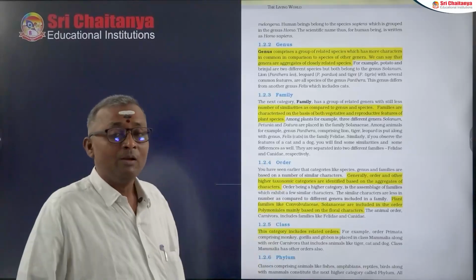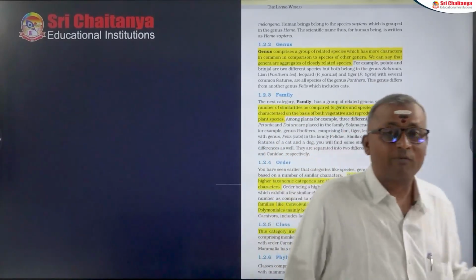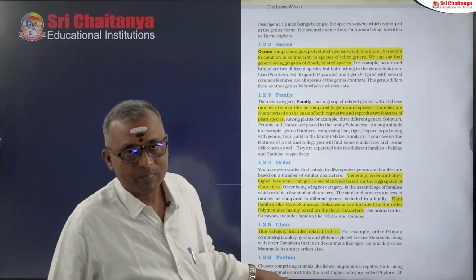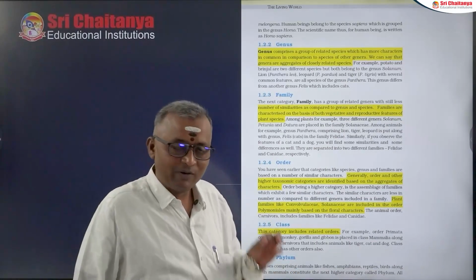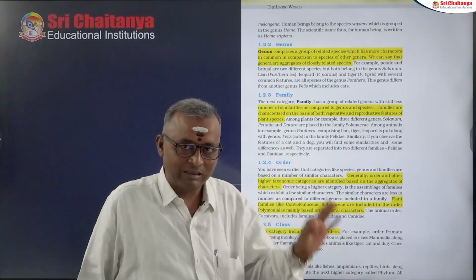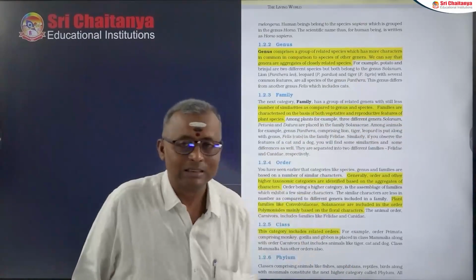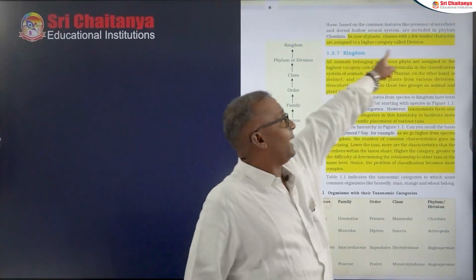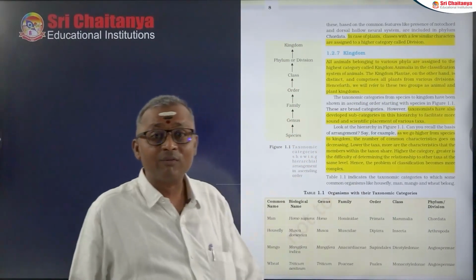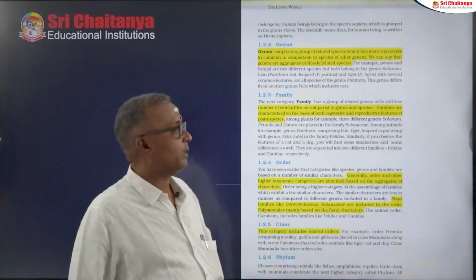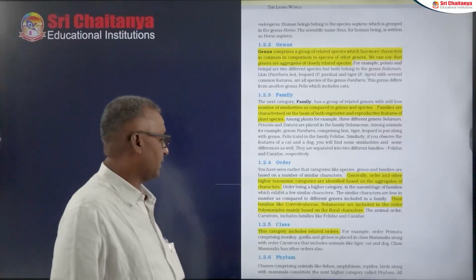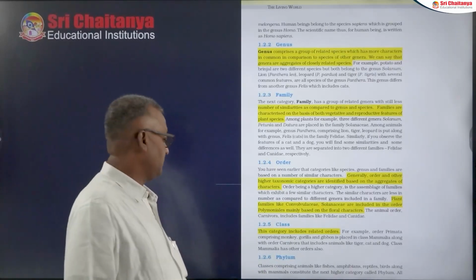The phylum is again a group of related classes made into a phylum. Here you must be very careful that the term phylum is used for the category in animal classification, whereas in plant classification we use the term division instead of phylum. This you have to remember. In the same way, we have different kinds of organisms like fishes, amphibians, reptiles, birds, mammals.